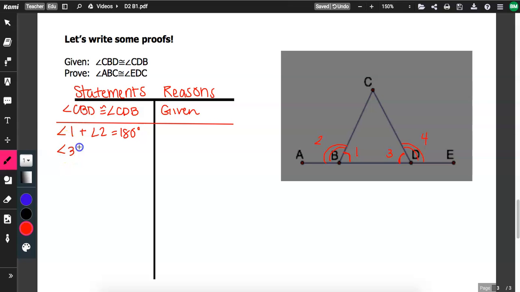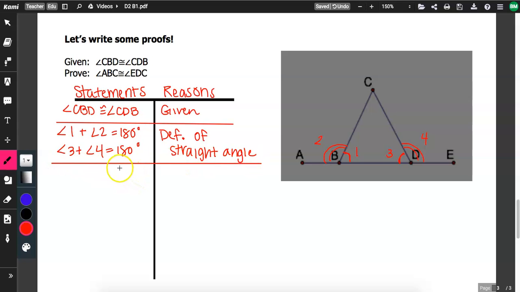And I know angle 3 plus angle 4 equal 180. This is from the definition of straight angle. Okay, so that means that angle 1 is supplementary to angle 2, and angle 3 is supplementary to angle 4. This is from the definition of supplementary.